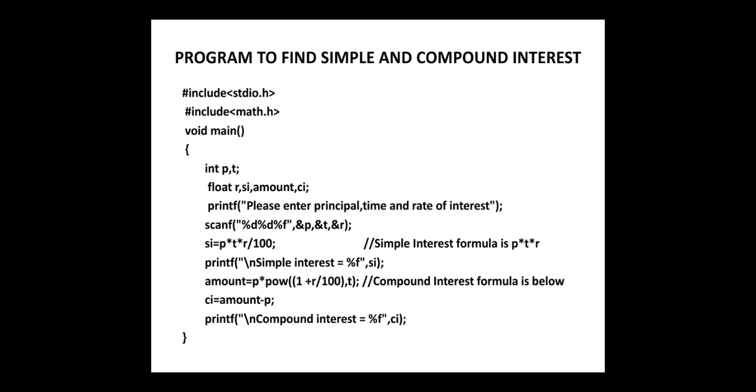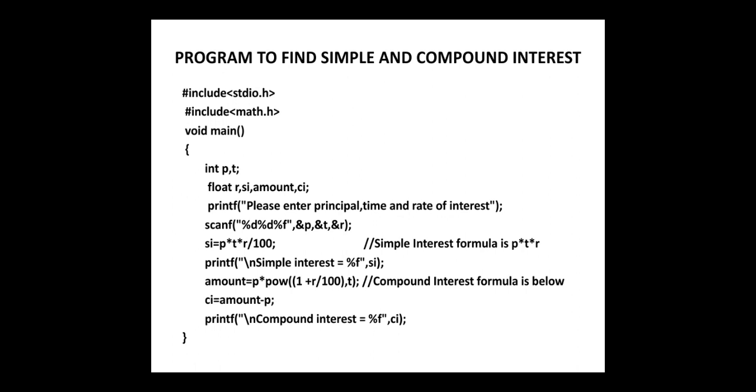After reading the values of P, T, R, we can calculate the simple interest. The formula we write in the next line is P*T*R divided by 100, which will be calculated and assigned to the variable si.